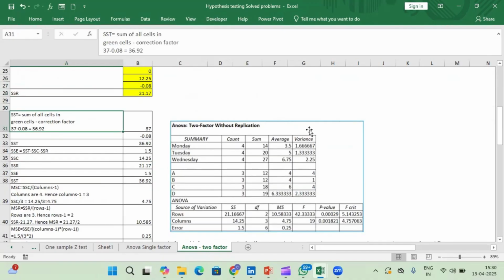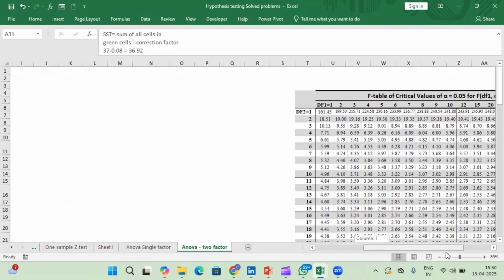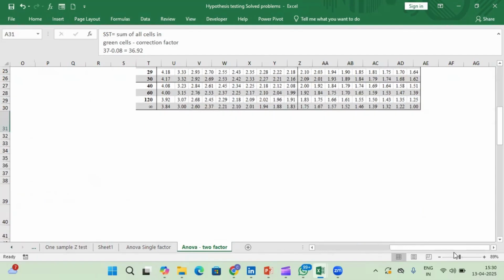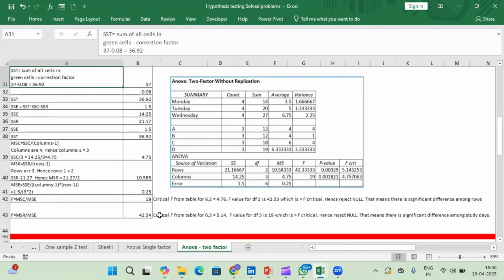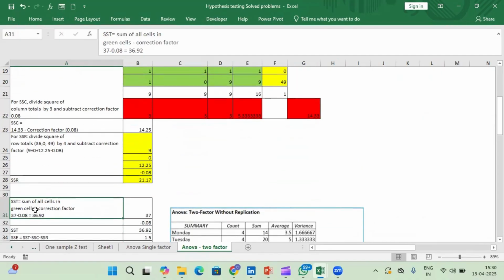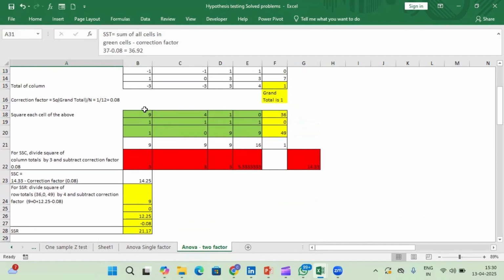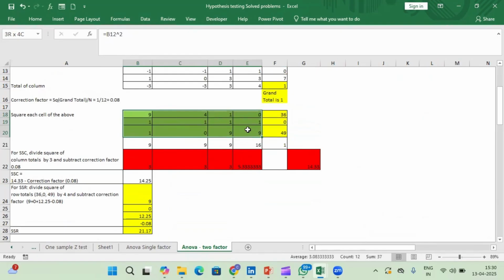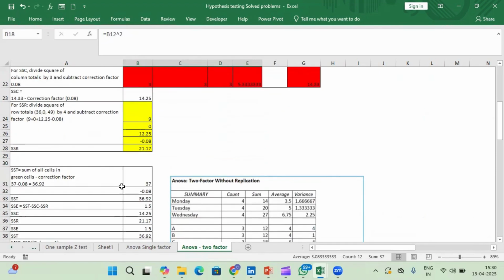Now SST we also have to get. SST is the sum of all the squared cells, the green cells. What is the sum of all these? 9 plus 4 plus 1 plus 0 plus 1 plus 1 plus 1 plus 1. When you highlight all these cells, you automatically get the sum, which is equal to 37. SST is this minus the correction factor.